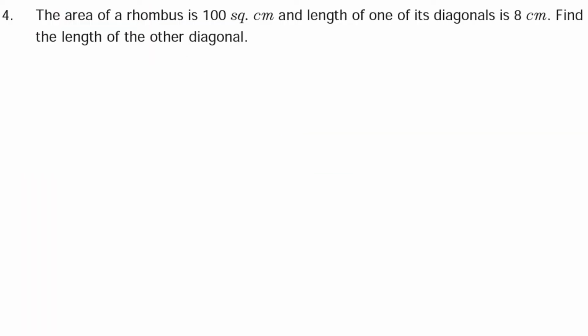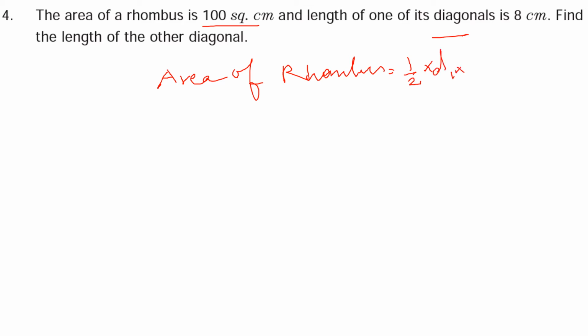Next one, the area of a rhombus is 100 square meter. Length of one of its diagonals is 8 centimeter. Find the other diagonal. So area of the rhombus, what formula? Half into d1 into d2. So here half into one of the diagonals given, we take it as d1.